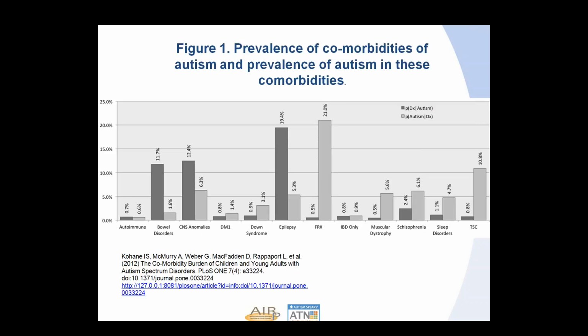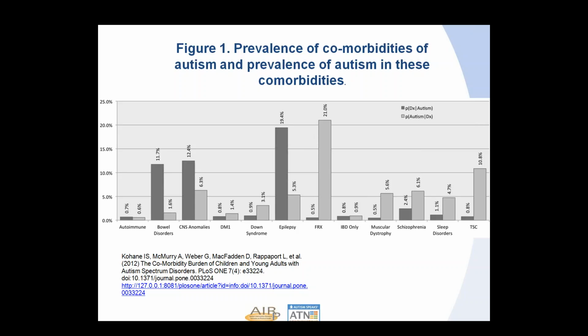So that study that I mentioned by Kohani and colleagues, this is a fascinating bar graph showing the prevalence of comorbidities of autism and the prevalence of autism in these comorbidities. So in this slide, the dark gray bars show the prevalence of a disorder in people with autism.